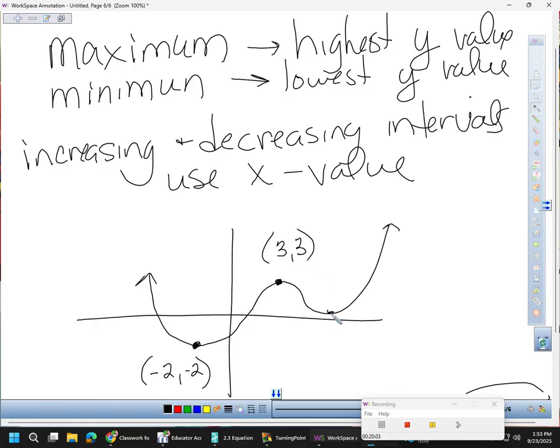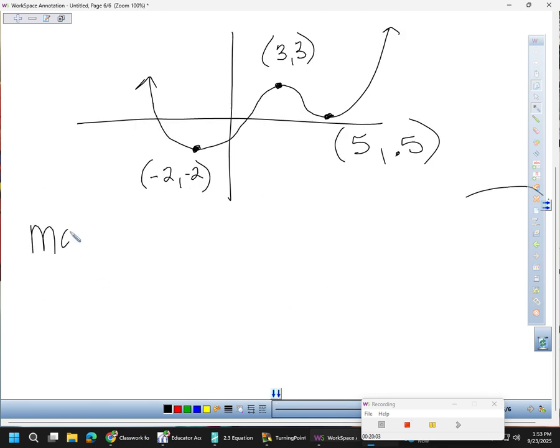And this one is at the point 5 and 0.5. So we have 3 points there. First thing I want to talk about is where the maximum and minimums are. We have a maximum at y equals 3. That's my highest y value, right? We actually have minimums at 2 points because they're at the bottom part. We're going to have minimums at y equals -2 and y equals 0.5.